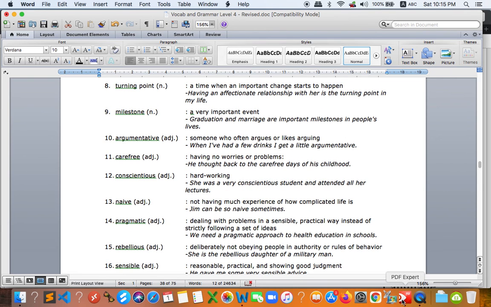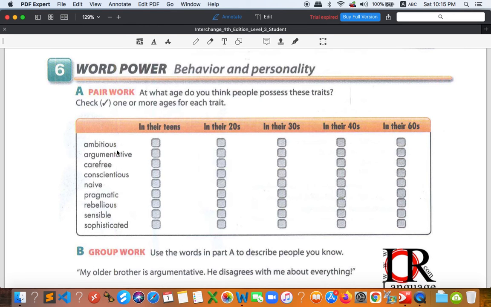If you're ambitious, it's like you have ambition. It's like an intention to do something in the future. It's about having a dream, having a goal in life that you want to achieve. For example, you want to succeed in life by having a business.